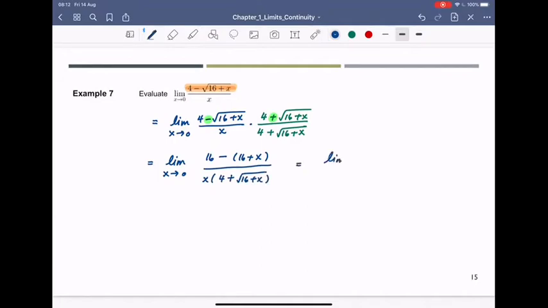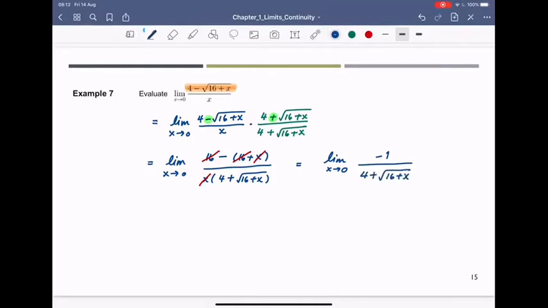This is going to be easy again. 16 cancels with 16, and you have negative x on the top, and negative x cancels with x. So you have negative 1 left, and in the bottom, you have 4 plus square root of 16 plus x.